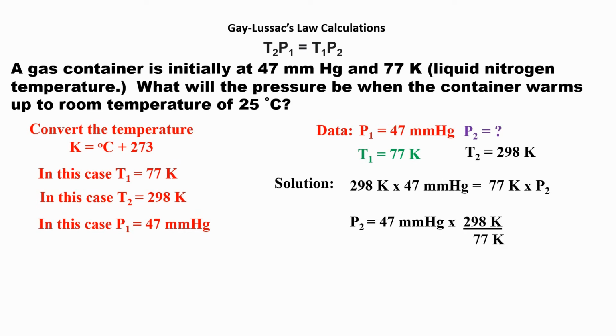Solving for P2 yields the following, where P2 is equal to 47 millimeters of mercury times 298 K divided by 77 K. The K's will clearly cancel out, and the answer is 182 millimeters of mercury.